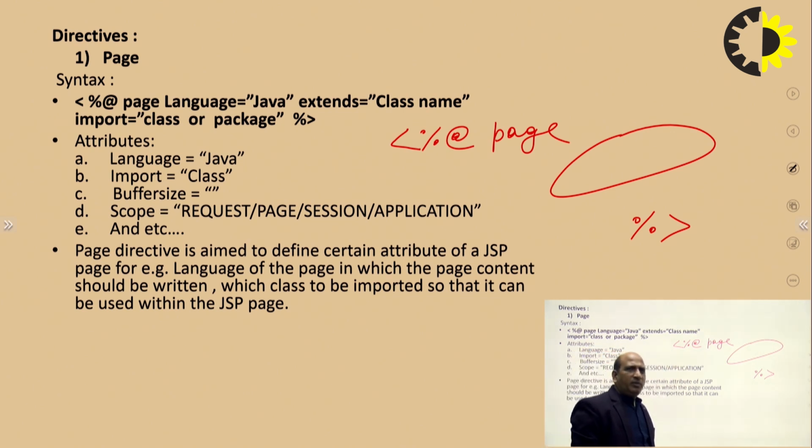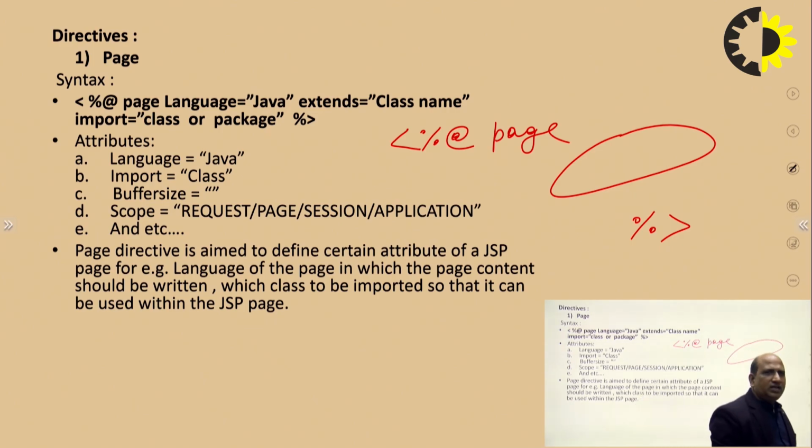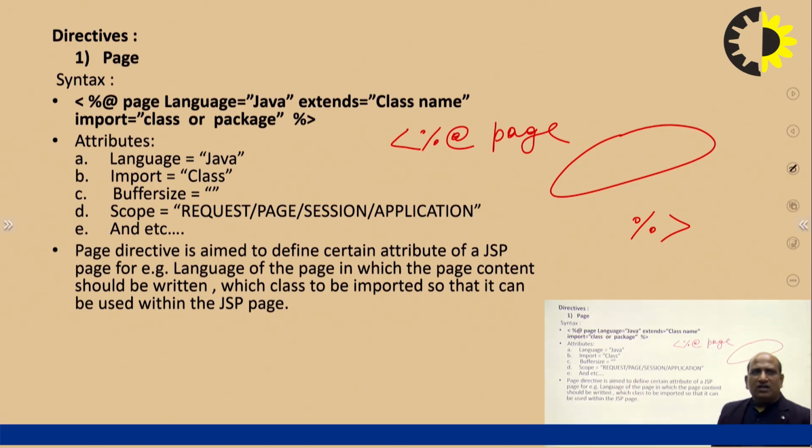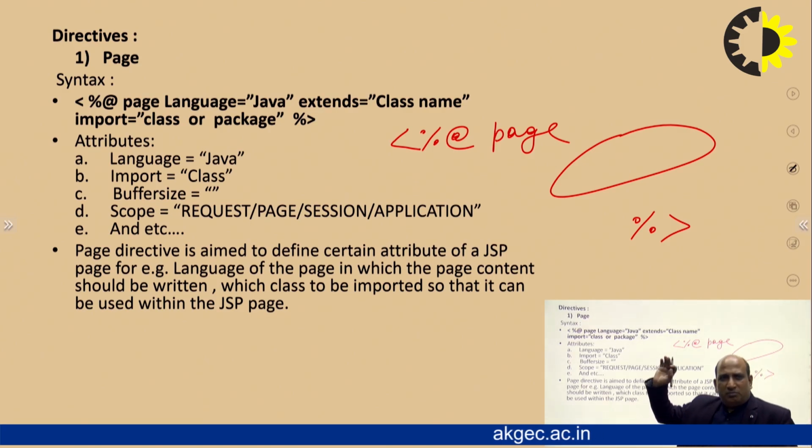So page directives are the directions given to the JSP engine, suggesting that whatever directions are written here must be included. They are used for the current page only, and before processing, before translating this page, the instructions have to be followed.